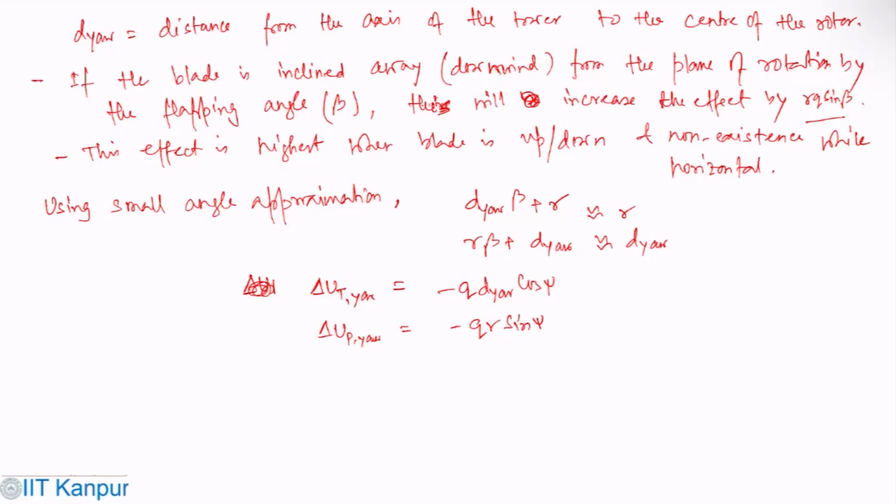These are similar to the crosswind terms, with the tangential term varying with the cos psi and the axial or perpendicular one varying with the sine psi. So essentially, these are cosine and sine cyclic variations.